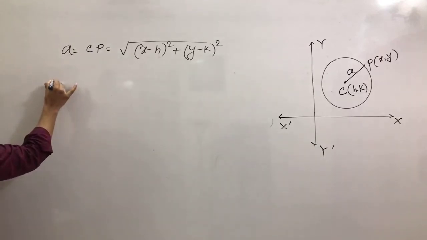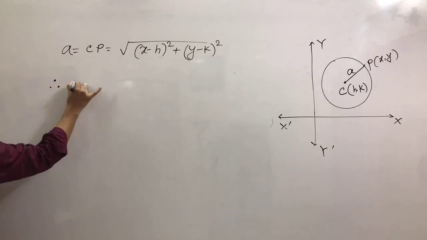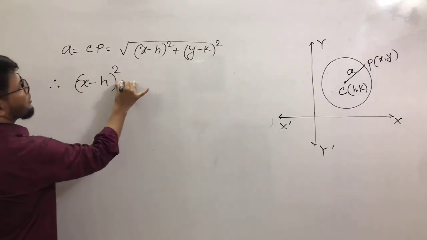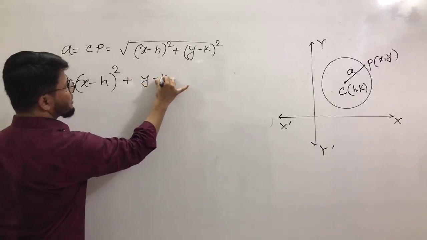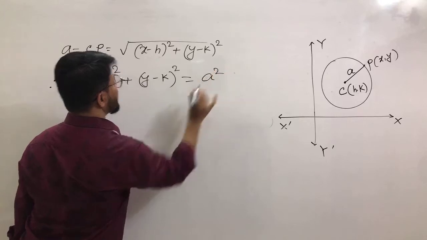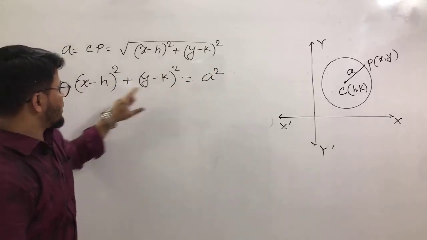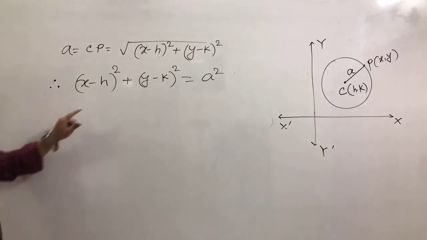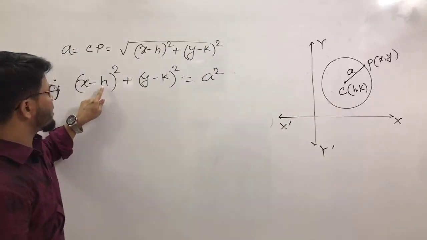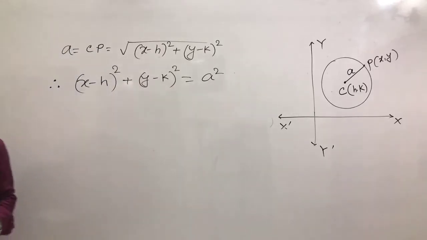So finally you can write x minus h whole square plus y minus k whole square equal a square, squaring on both sides. So this is the equation of a circle whose center is at h, k and radius is a. So this is another form.